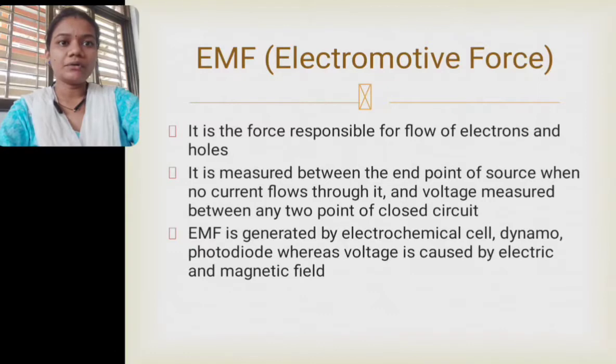EMF is measured between the end points of a source when no current flows through it, whereas voltage is measured between any two points in a closed circuit. EMF is generated by an electrochemical cell, dynamo, or photodiode, whereas voltage is caused by an electric and magnetic field.